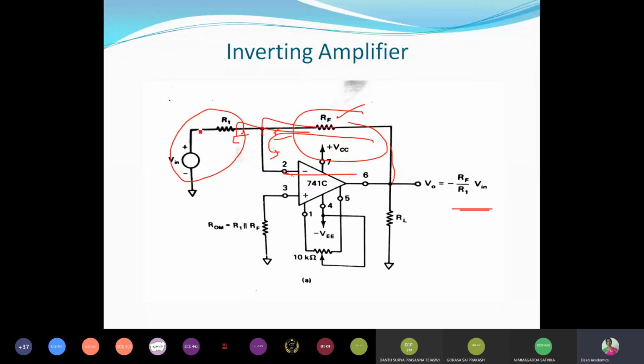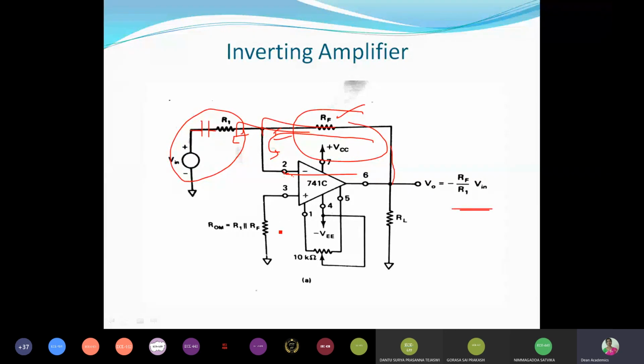If you are using this inverting amplifier for AC input, you just connect one coupling capacitor. Then if there is any DC component, it will be blocked and only AC will be allowed to reach the input terminal of the op amp. That is the modification that you have to do.